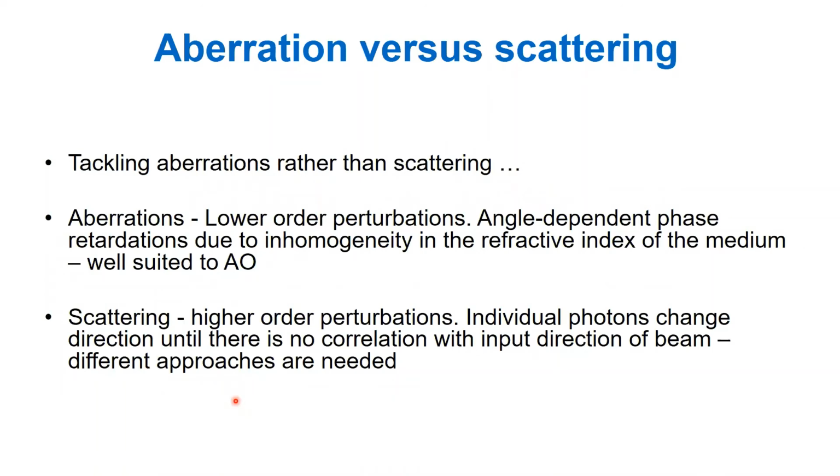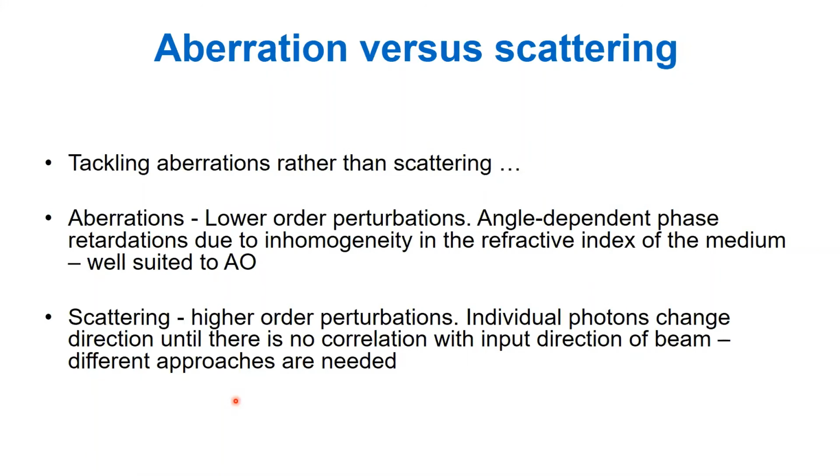So I've talked a little bit about how we can try to go deeper by correcting for what we tend to term aberrations, but I wanted to move on to really thinking about scattering. It's a bit of a grey area in many ways as to when we talk about aberrations and when we talk about scattering, but aberrations tend to be referred to as lower order perturbations.